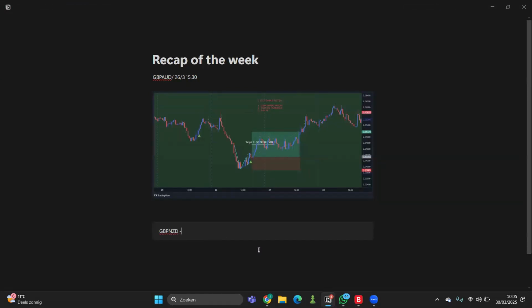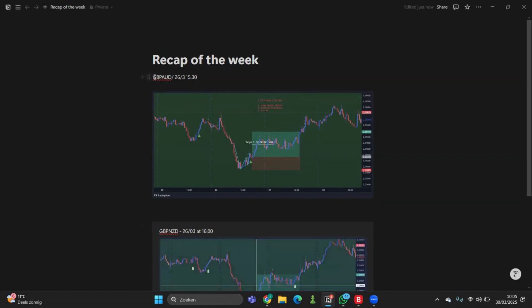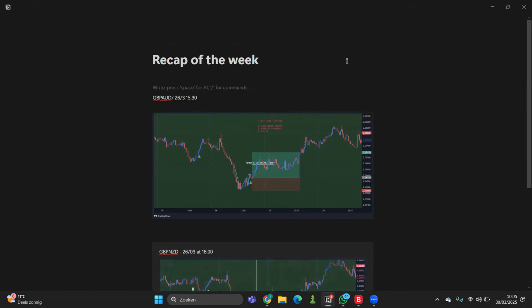GBP NZD, 26. So in reality, you will never be in both trades because the pairs correlate. So that's something important to know.